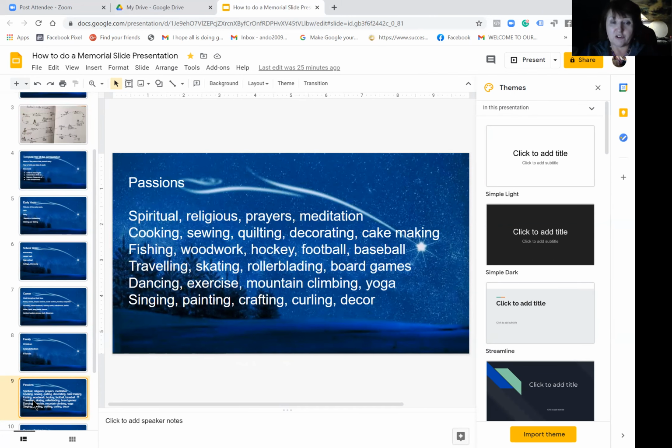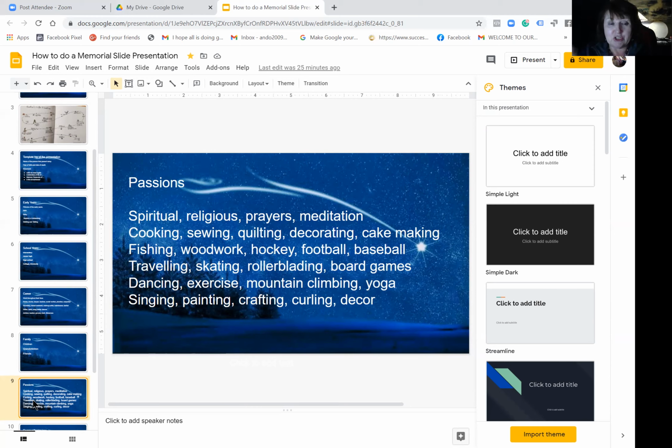You can do a page of passions, like their spiritual background. What did they believe in? What did they love doing? Like I know my mom loved to get up and pray early in the morning, like 4 or 5 in the morning, and then just get into her day and cooking, sewing, doing whatever she needed to do that day.